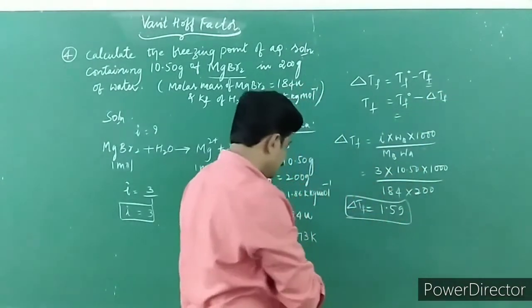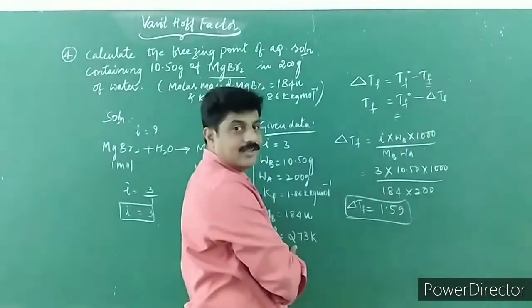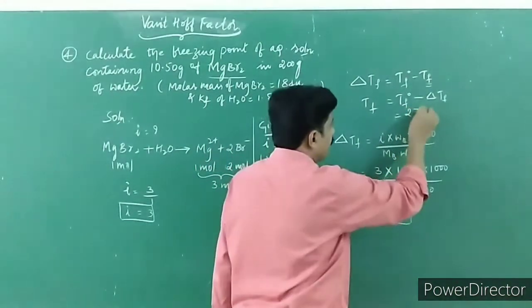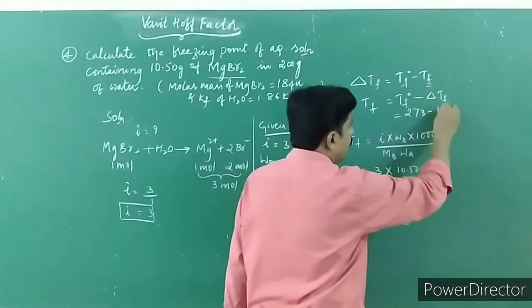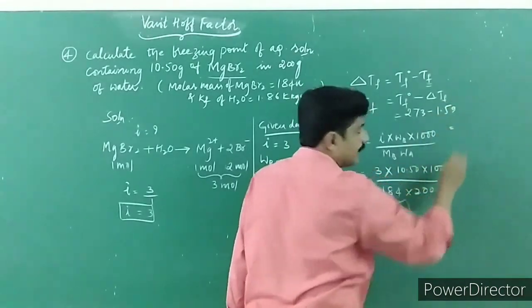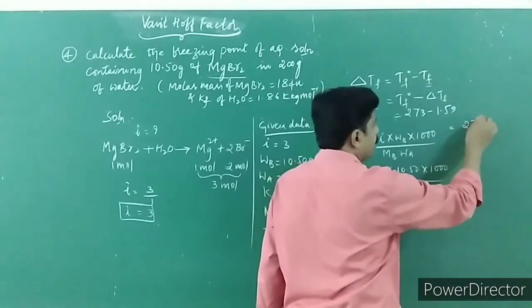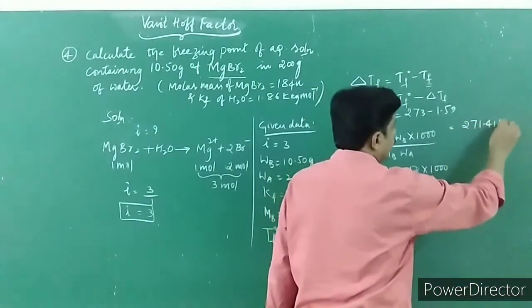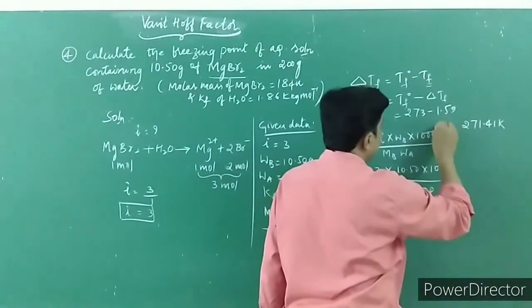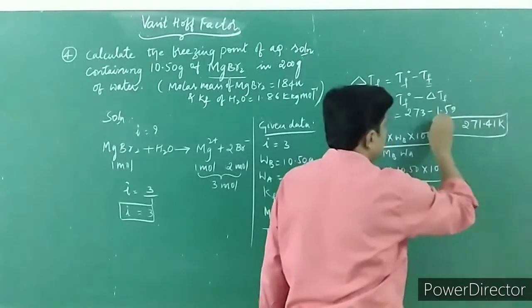Tf naught is how much here? 273. They are getting or not? 273 minus 1.59. Children, if you subtract that, you are going to get 271.41 Kelvin. This is equal to Tf.